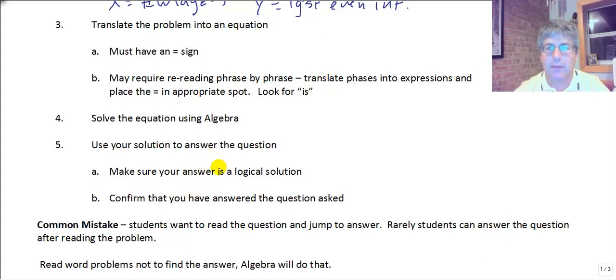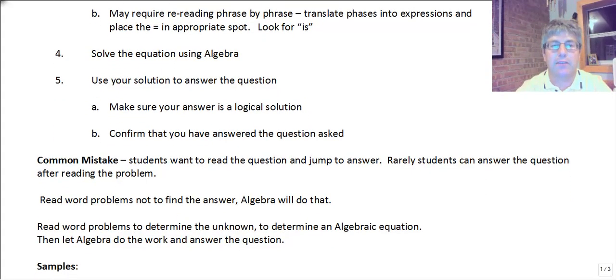Sometimes we get what x is, but x doesn't always answer our question. We might have to do something with our unknown to finally answer the question. So a couple things to be aware of there. Maybe make notes of that on your sheet, even though I haven't written that down. Those are important concepts to know and understand.